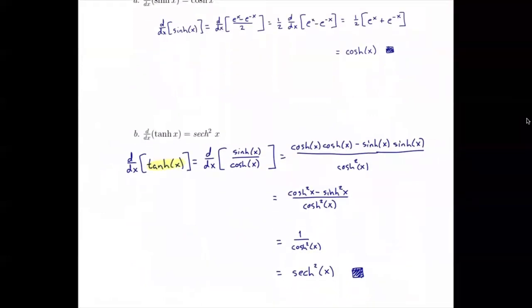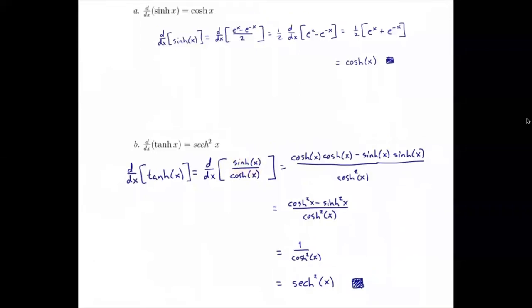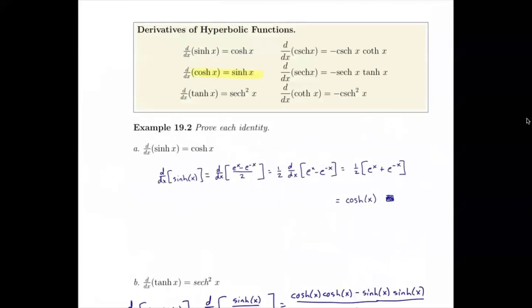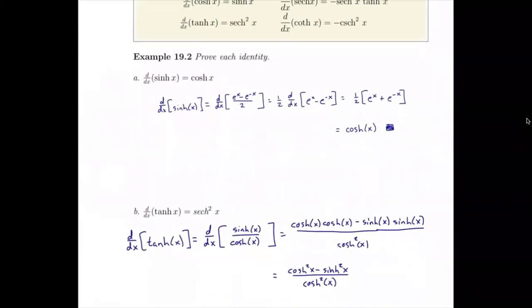So prove that the derivative of hyperbolic tangent of x is hyperbolic secant of x squared. Well, hyperbolic tangent of x is hyperbolic sine x over hyperbolic cosine x. Well, if I look up top, I can just use this fact. If I really wanted to, I could be thorough and prove this one. It would be very similar to how we proved that one. Nonetheless, I've got these in hand.